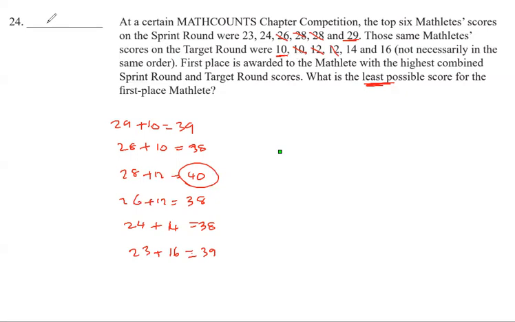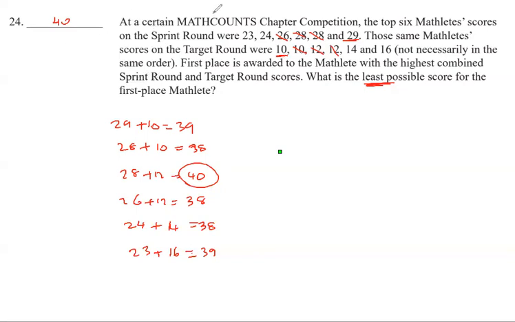If I want to try 39 to be possible, then I'm not going to be able to get another person who has highest as 38, because there are already three 38s. So there is no way to get 39 as a high score. So we should have a 40 to be the highest score for that top math league.